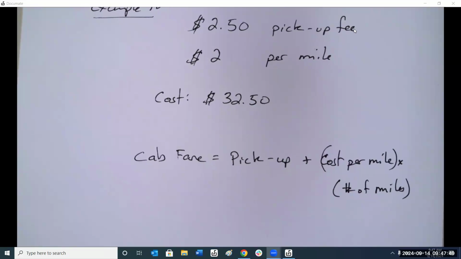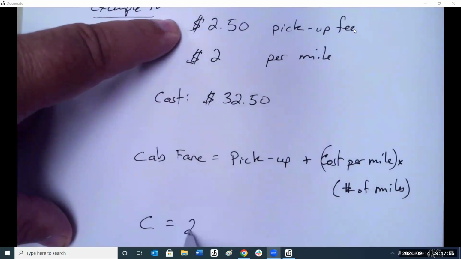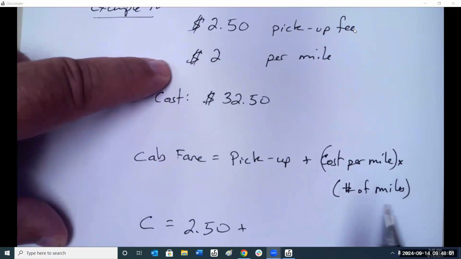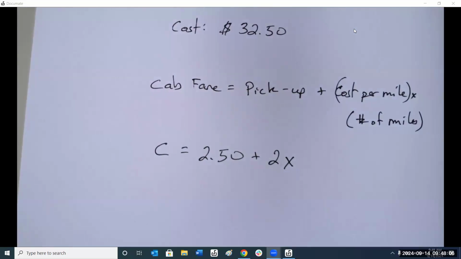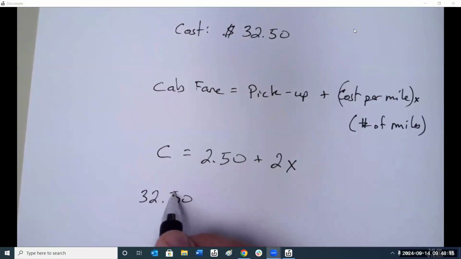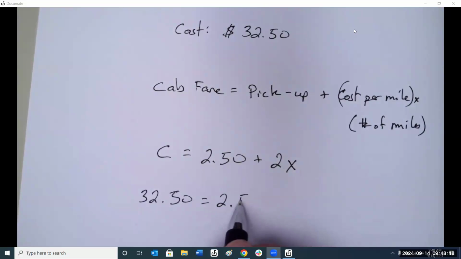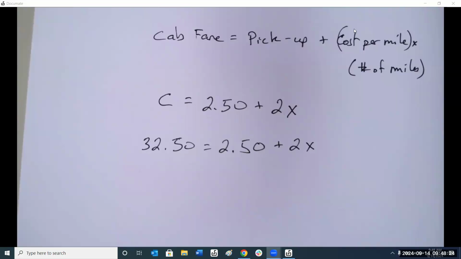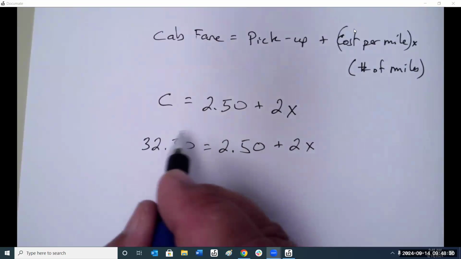So this is how that process works. The cost equals, the pickup was $2.50. It cost $2 per mile for however many miles he went. So we know the cost was $32.50, equal to the pickup plus $2 for each mile. So this is what he was charged.